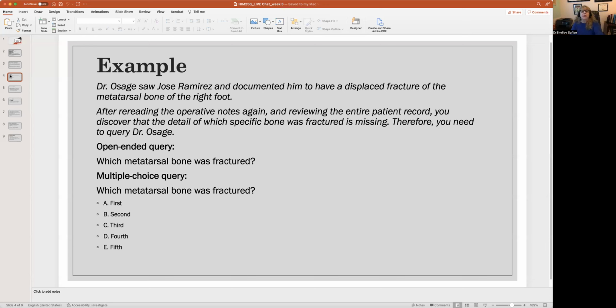Even if it's your best friend or your sister or your brother is the patient and you know exactly, nope, nope, nope, illegal. Because then if there's an audit, they go back into the record and they say, but there's no documentation of which metatarsal bone this was. So what is this, a fraudulent claim? Oh no, that's my brother.